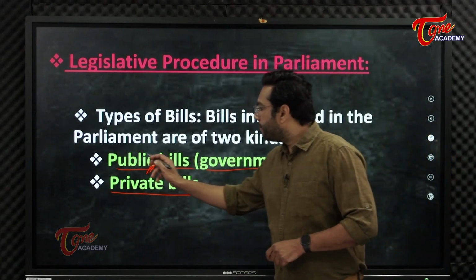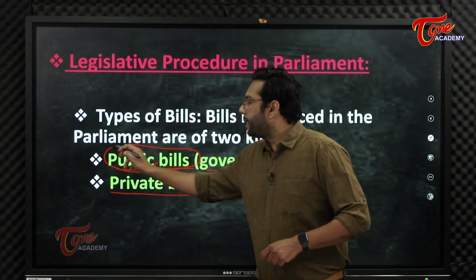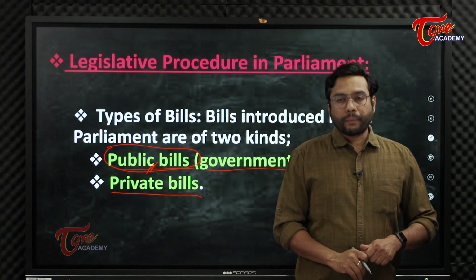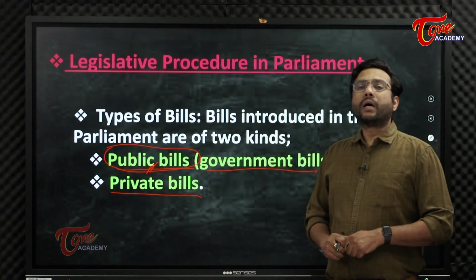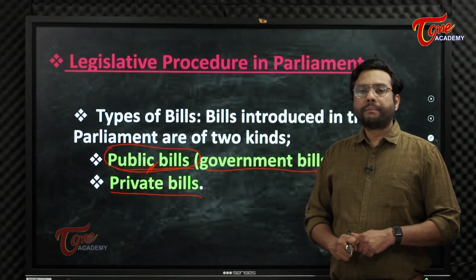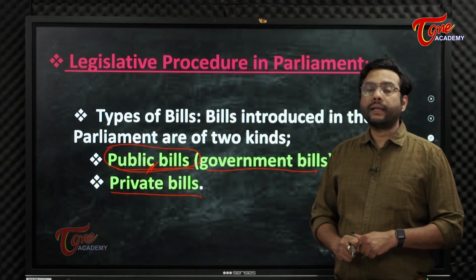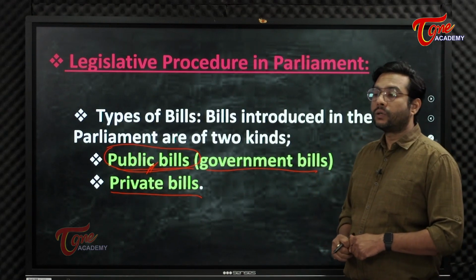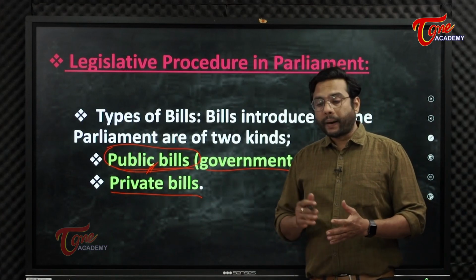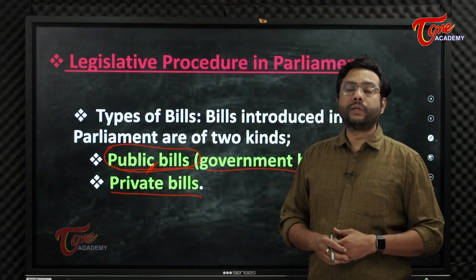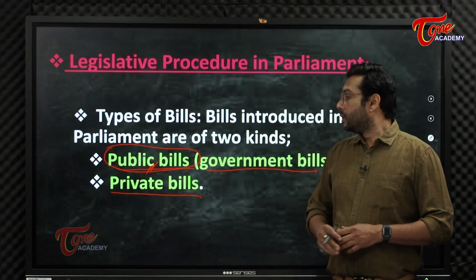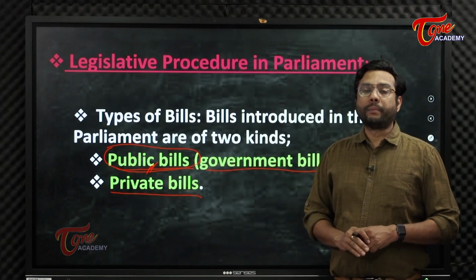We generally give importance to public bills. If public bills are not passed in the house or in the parliament, then the government would face a no confidence motion, or there might be a fall of the government, or a dissolution of the Lok Sabha. Such importance is given to the public bill.